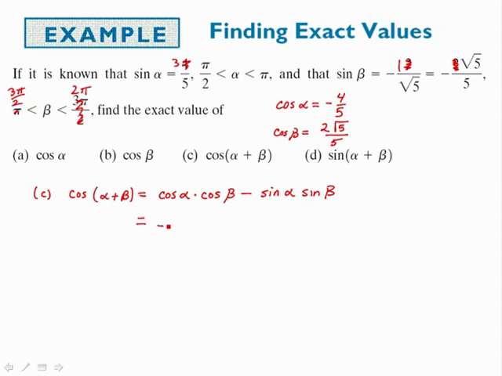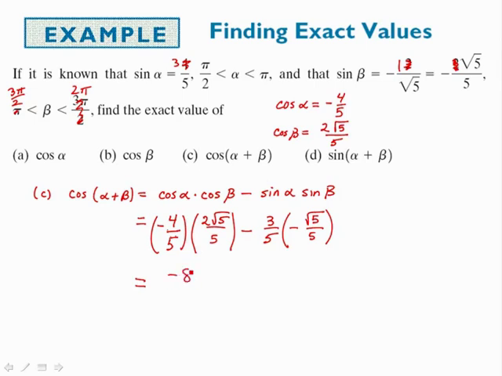Cosine of alpha is -4/5. Cosine of beta is 2 root 5 over 5. Sine of alpha is 3/5. Sine of beta is -root 5 over 5.